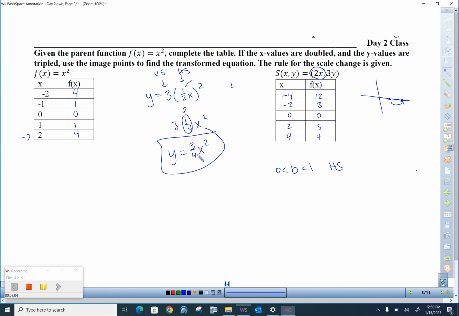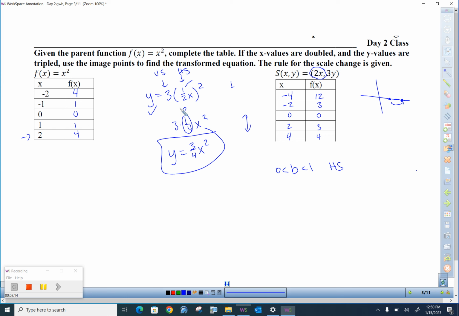It's talking about the vertical stretch or compression always, because we're simplifying to find y. So if we want to talk about just what's happening to x, it is opposite of what we see, kind of like what we did with translations.